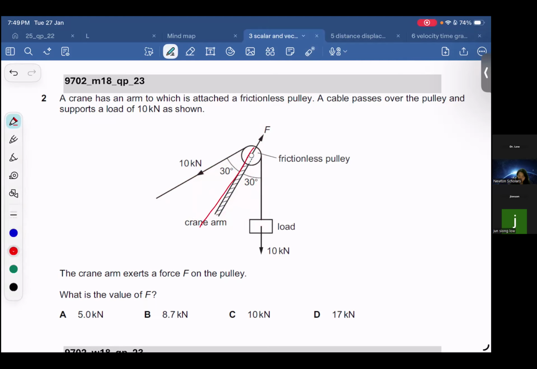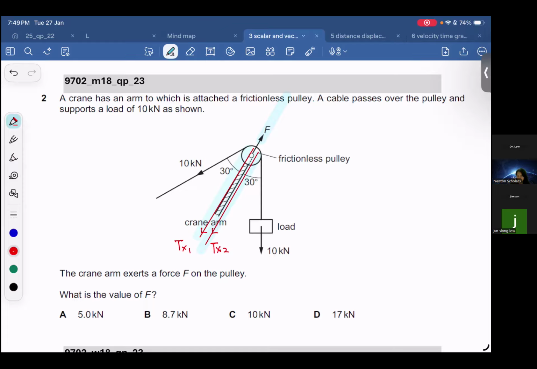This 10 kilonewton, we should resolve it into here, so this one I can label Tx1. Then there is another 10 kilonewton, Tx2. These two must be equal to the F in the opposite direction, so that they can achieve equilibrium.